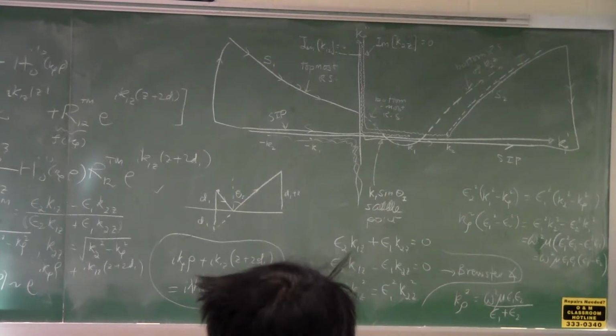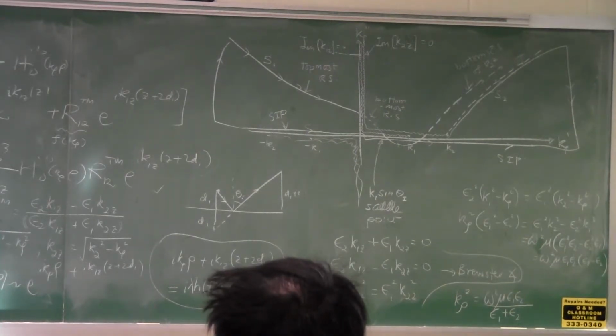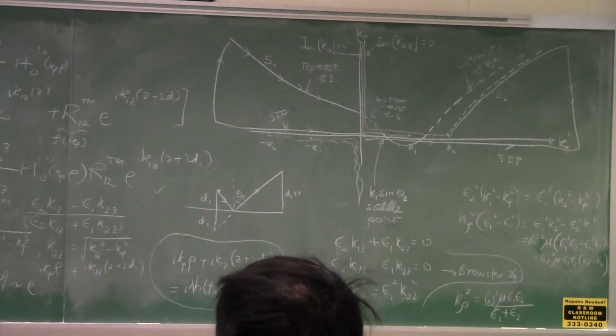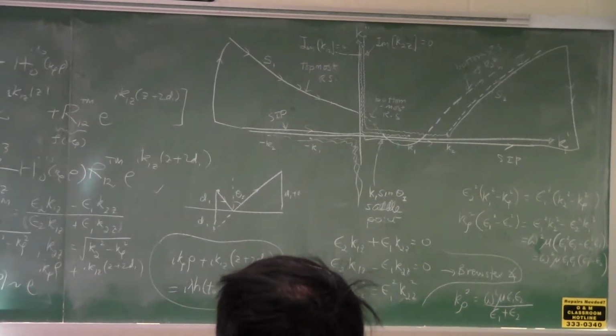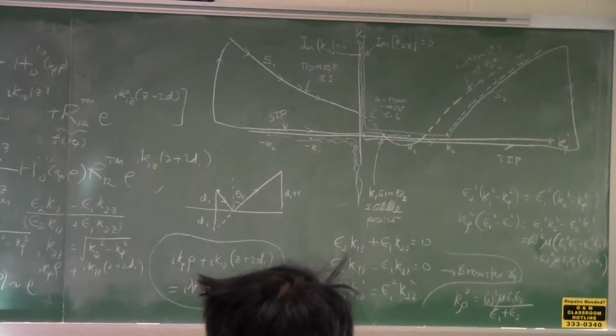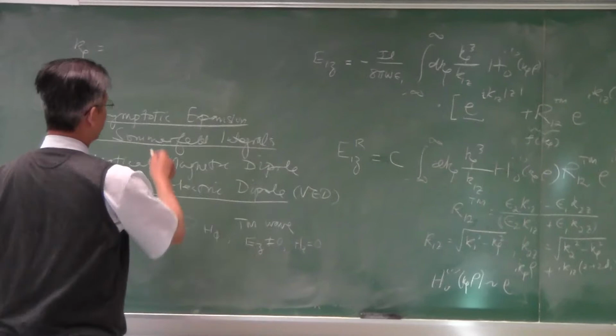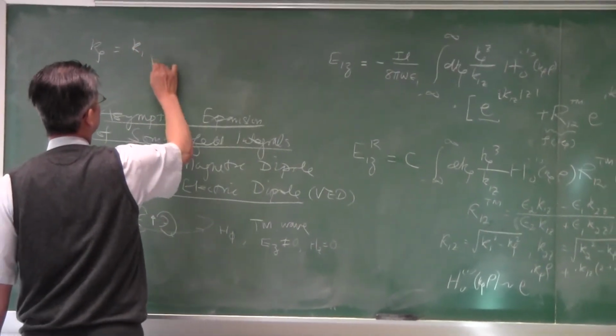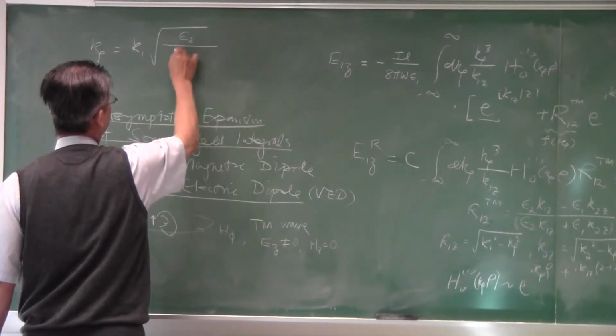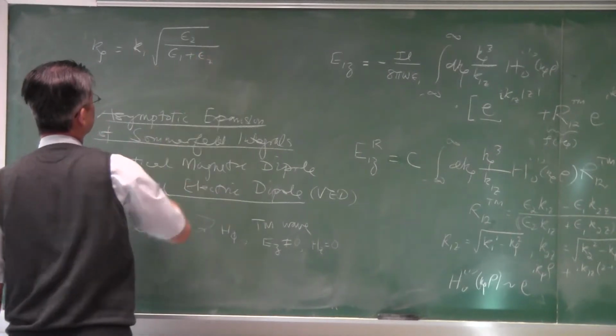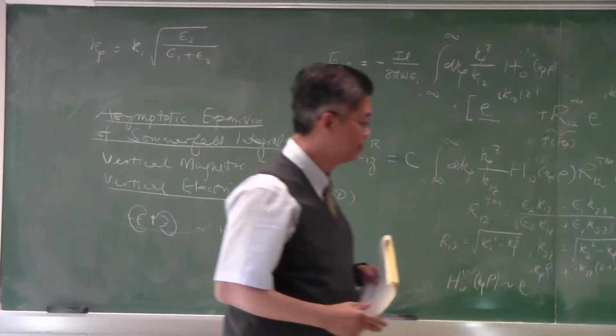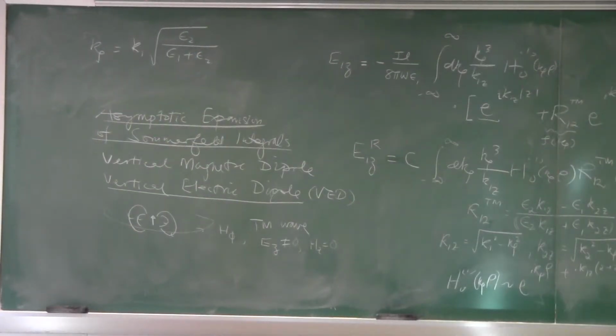Okay? And this gives you the familiar formula that you might have encountered before. k rho is equal to k1, as you say, k1 times the square root of epsilon 2 over epsilon 1 plus epsilon 2. Does this formula ring a bell for some of you? What is that formula?